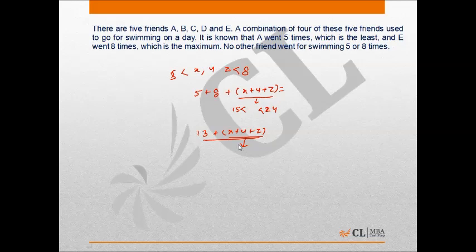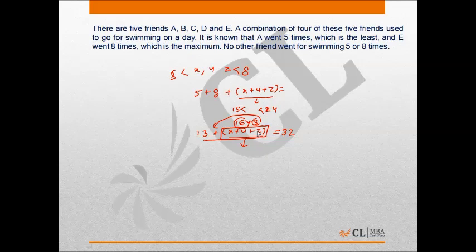Now the minimum value that this quantity can take for the whole quantity to be a multiple of 4 is 16 plus 3. So the minimum value that x plus y plus z can assume is 19, and in that case 13 plus x plus y plus z will be 32.